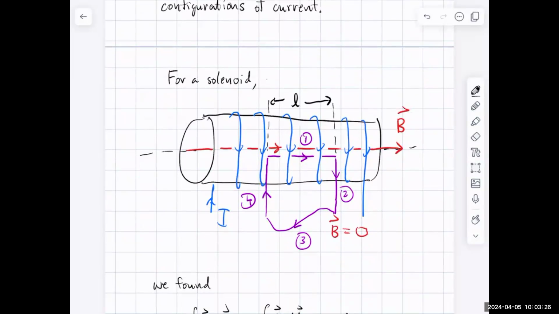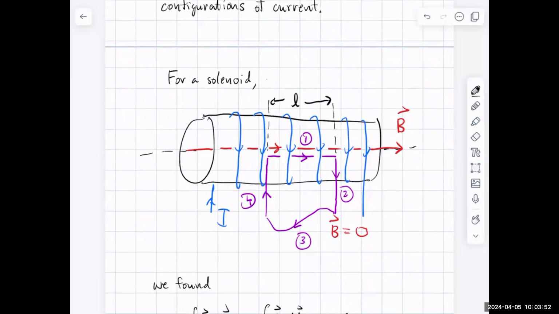We did one application, we did the solenoid, and in this case, remember, we want to choose an integration path that's going to make solving the integral as easy as possible. And that integral involves a dot product between the magnetic field B and the path dl that we're following around this loop that we have to make.